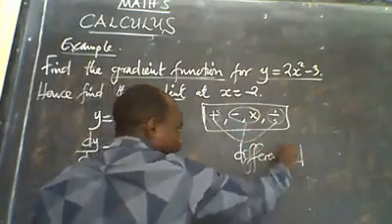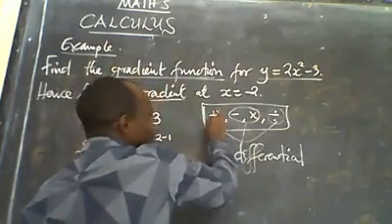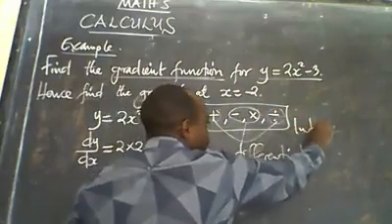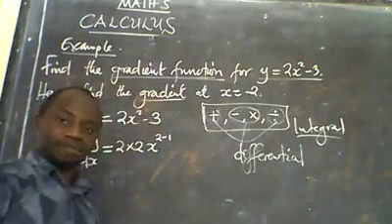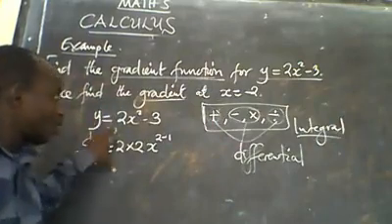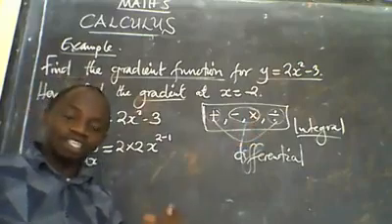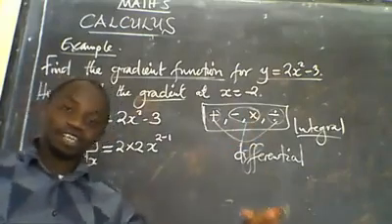Then the remaining two, plus and division, will be integral calculus. So what we are doing here is only multiplication and subtraction, but it should always be multiplication that you begin with, then subtraction.